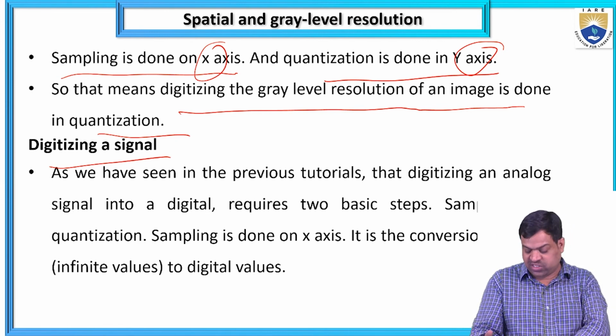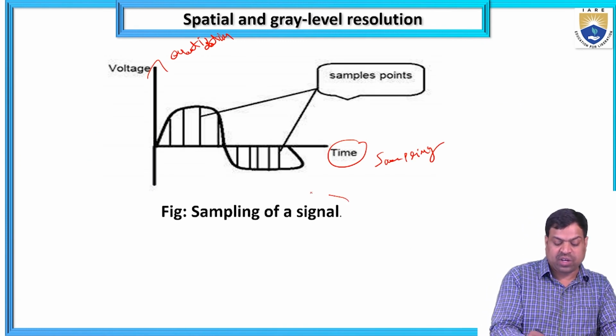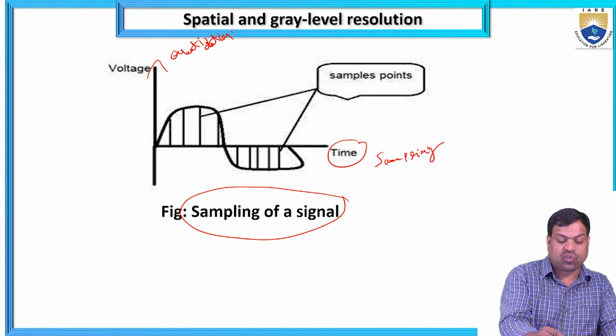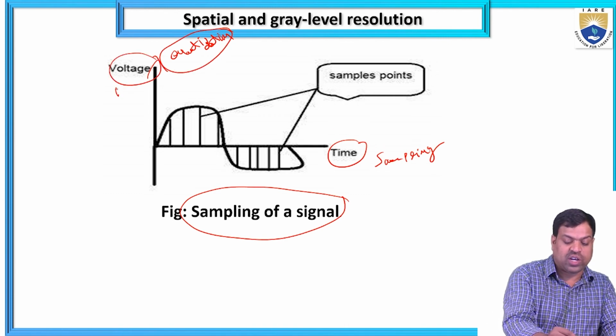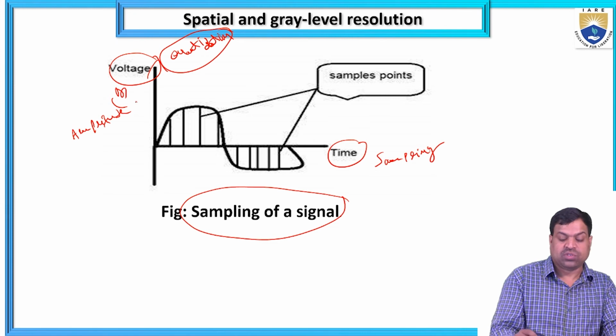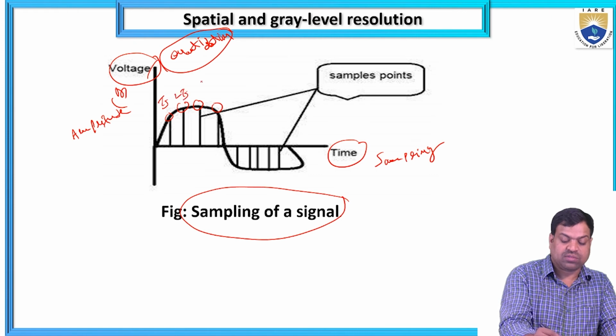That is a digitized input output signal. Suppose I am taking one example. It is a sampling of a signal. The x-axis is the sampling with time. The y-axis is the quantization, or voltage, or amplitude. So on the x-axis, suppose I am taking these samples: TS, 2TS, 3TS, 4TS, like this.